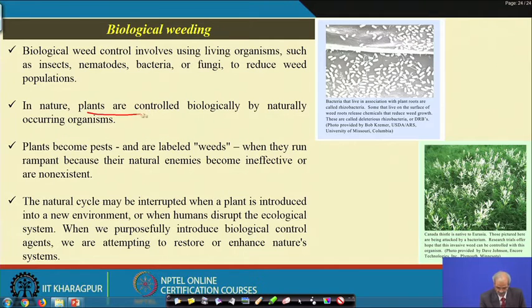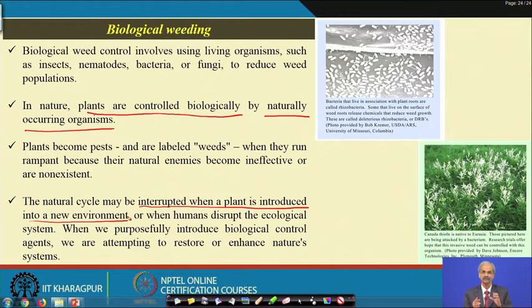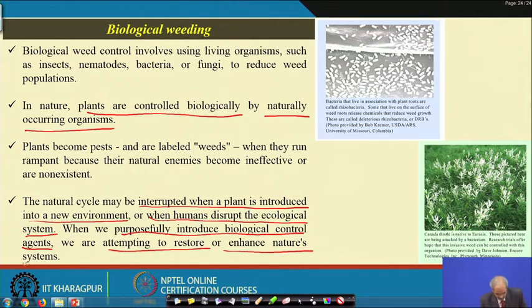In nature, plants are controlled biologically by naturally occurring organisms. Yes, this is very important. When there is a deficit of those, the natural cycle may be interrupted, as when a plant is introduced into a new environment, or when humans disrupt the ecology of the system. When this happens, we have to be careful, and so we purposefully introduce biological control agents which attempt to restore or enhance natural systems.